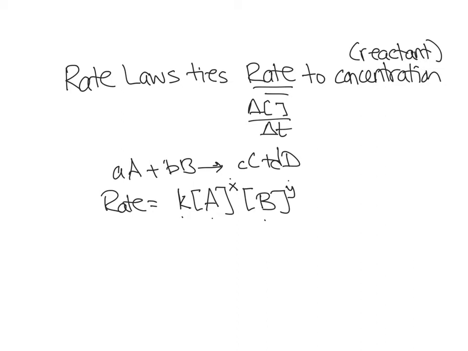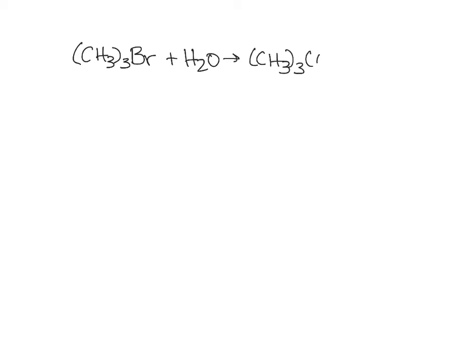Let's give you some examples here. The first example of a rate law that I want to show you involves the compound bromomethane, right? CH3Br. And it turns out that this can react with water, and what you end up doing is you put an OH group onto the methane compound, and then you get an H plus out and a Br minus out.